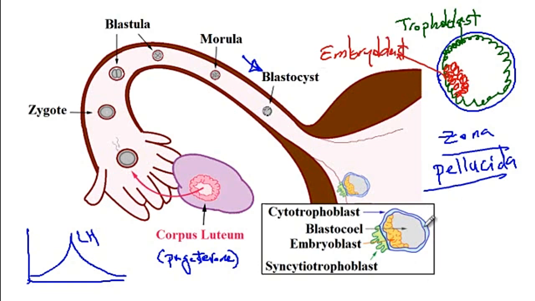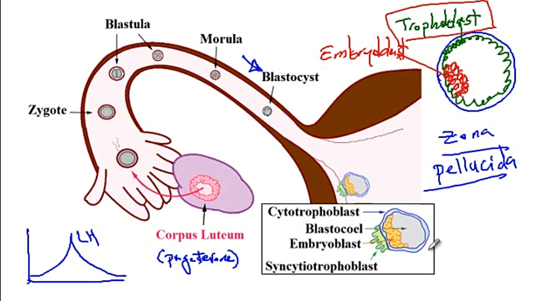And so here I have another image that shows you the cavity inside the blastocyst is called blastocele, or the other name for it is blastocyst cavity. And then we have the embryoblast, shown in orange right here, and the outside layer, which is the trophoblast, gives rise to 2 different cells.